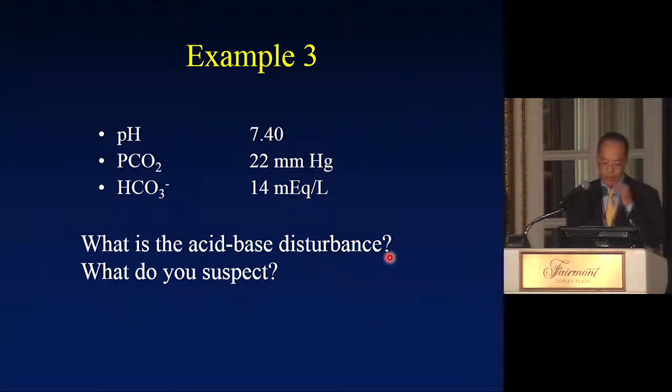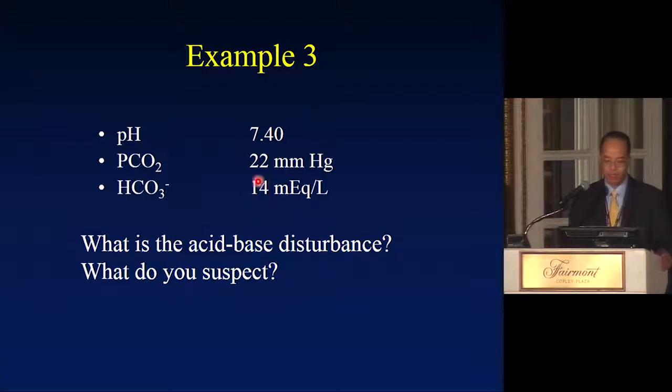And then here is a patient whose pH looks normal, but the patient clearly has an acid-base disturbance. The PCO2 is low, 22, which you might see in a primary respiratory alkalosis, and the bicarbonate is low, as you might see in a primary metabolic acidosis, but neither of those alone would give you the answer.